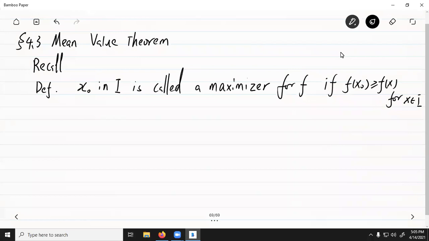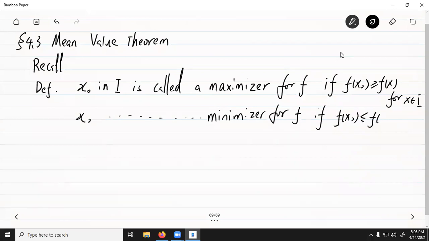We say that x0 in I is called a minimizer for f if f of x0 is always less than or equal to f of x for all x in I.